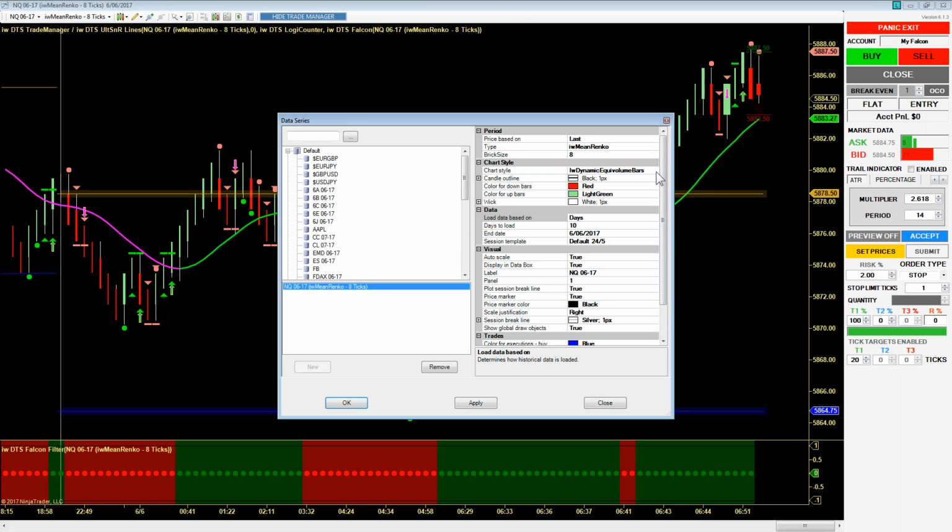The thinner bars will have less volume associated with them. What makes the Indicator Warehouse dynamic equivolume bars different from other equivolume charting is that they will work with practically any chart style. Most equivolume charting programs only work with regular candlesticks, but the dynamic equivolume bars from Indicator Warehouse will work on mean Renko bars.